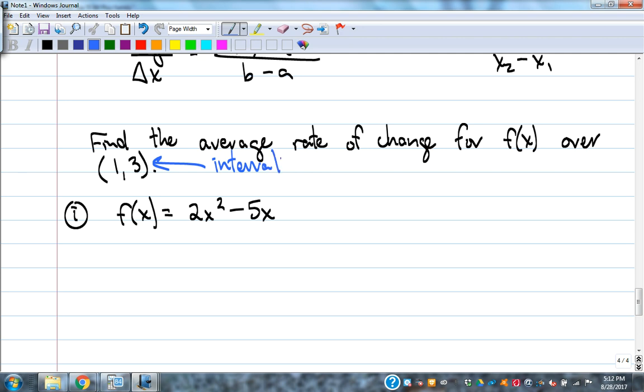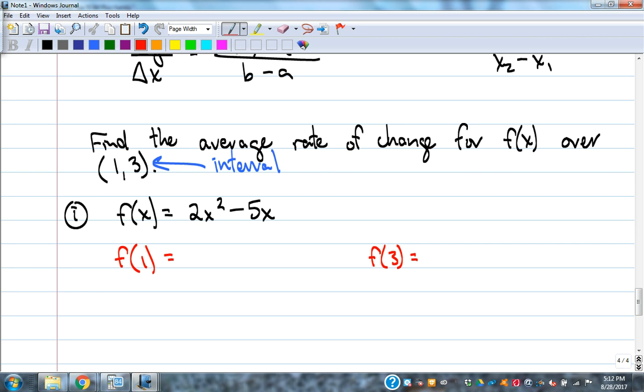So both of those 1 and 3 are what kind of values? They're x values. These are your x1 and x2 for the slope formula. So what we need to find is what's going on at f of 1 and at f of 3, so that we can get a y value that goes with each.